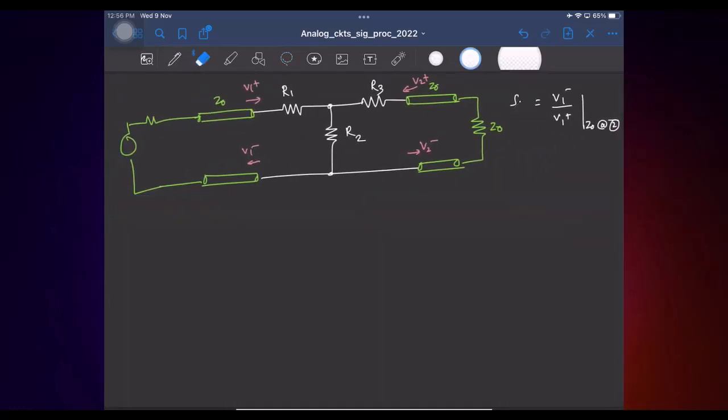Okay. Next, let's try to do S21. S21 is basically the forward gain that says if I launch V1 plus here, what is the wave that goes here? So I need to find the relation between V2 minus and V1 plus. So this is V2 minus by V1 plus. Now let us say this is the voltage V2, the total voltage. What is that in terms of the reflected and forward voltages?